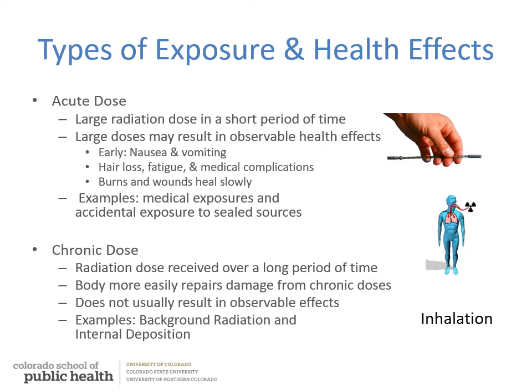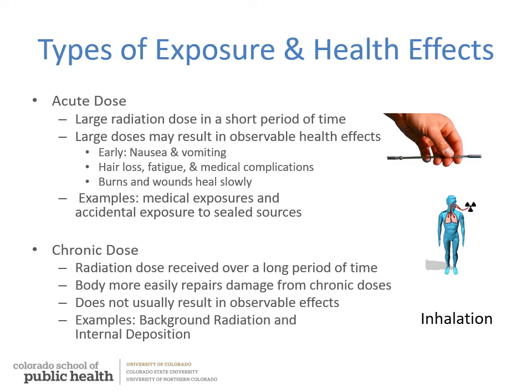The burns caused by radiation and wounds tend to heal pretty slowly. Some of these are intentional, in the sense of medical exposures like radiation to kill tumors, but there are also accidental exposures that you sometimes get in the workplace that are acute in nature.